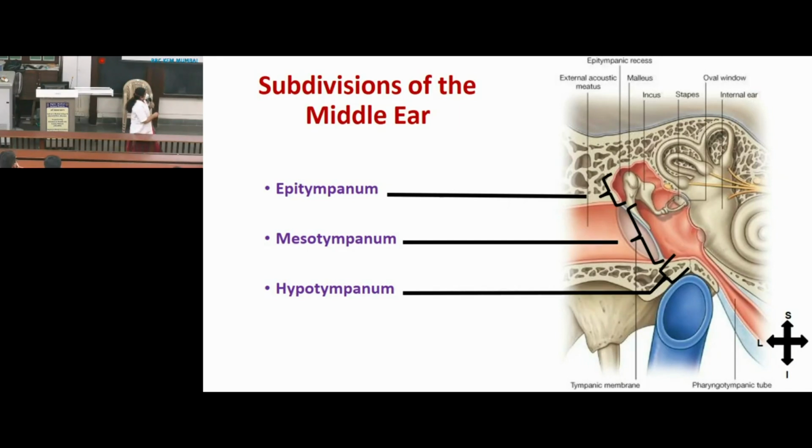The area of middle ear cavity that lies above the level of tympanic membrane is called as epitympanum. The part that lies opposite tympanic membrane is called as mesotympanum, and the part that lies below the level of tympanic membrane is called as hypotympanum. Okay, so epitympanum, mesotympanum and hypotympanum.